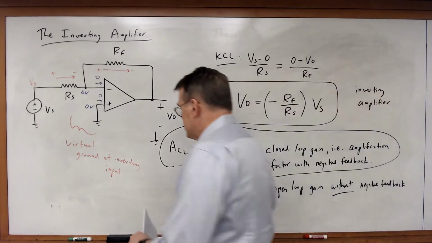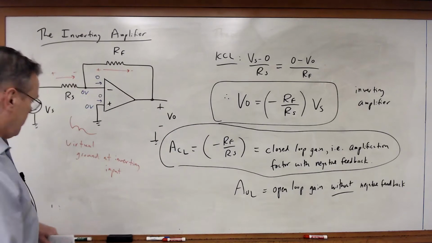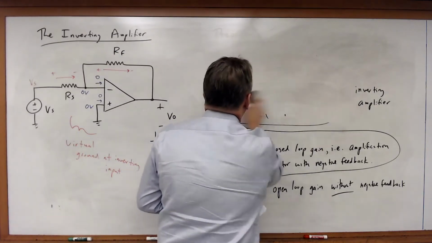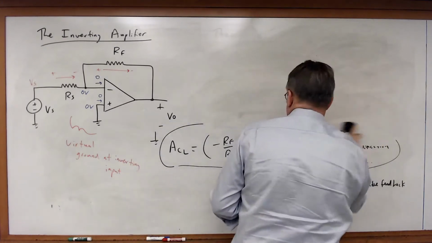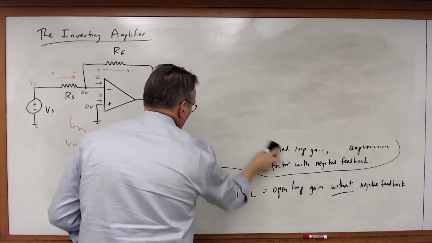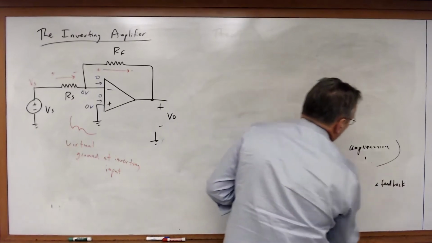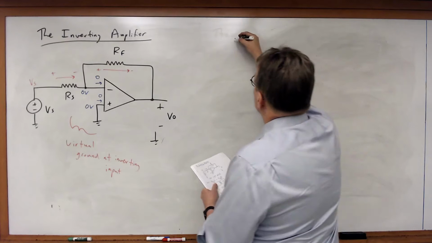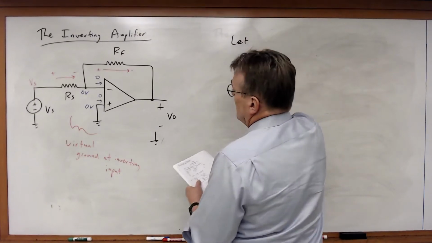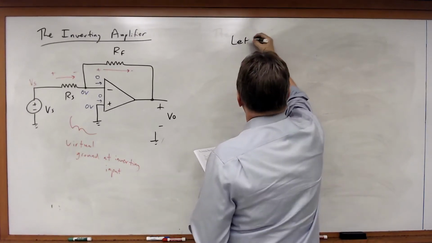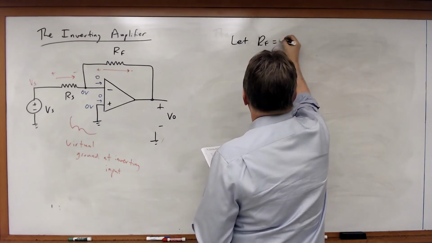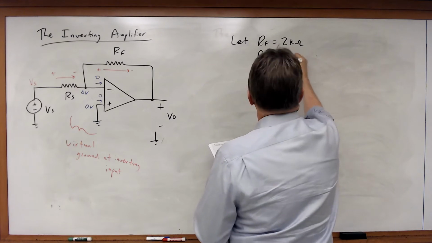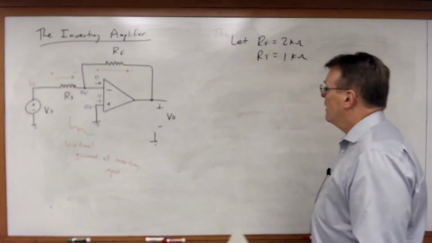Now looking at this, let's plug some numbers in. Let's let RF equal 2 kilo ohms. Let's let RS be equal to 1 kilo ohm.